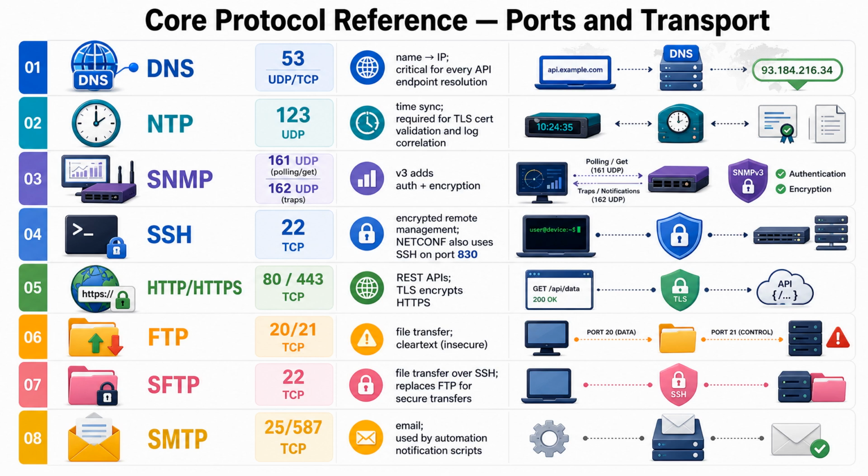Second, log timestamps from multiple devices only correlate correctly when every device agrees on the time. If device A says 10 hours, 00 minutes, and 01 seconds, and device B says 10 hours, 07 minutes, and 43 seconds, your incident timeline is garbage.